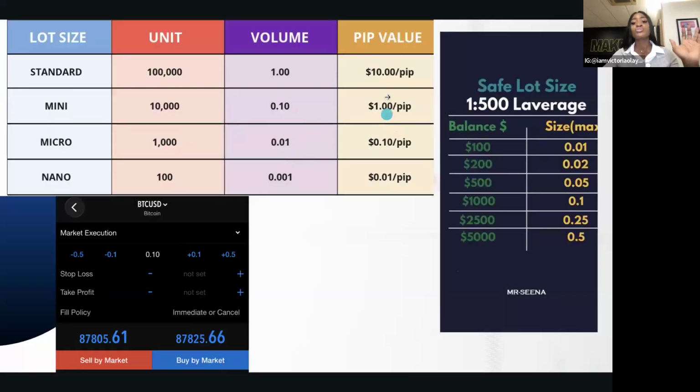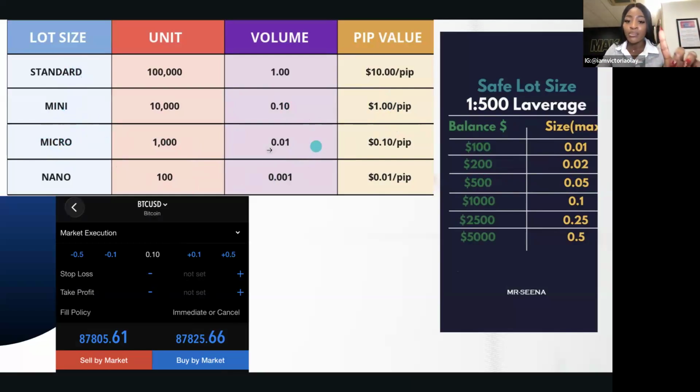Now, this table shows you a safe lot size for every account size. So if you have $100 in your account, the safest lot size is 0.01, $200, 0.02, $500, 0.05, and so on. So now we've got the standard, mini, micro, and nano. So we usually use the micro, mini, and standard lot size.